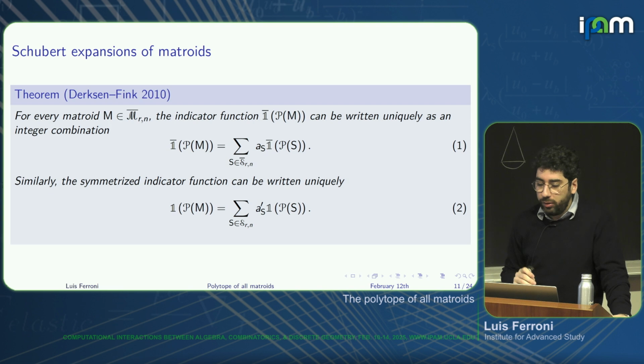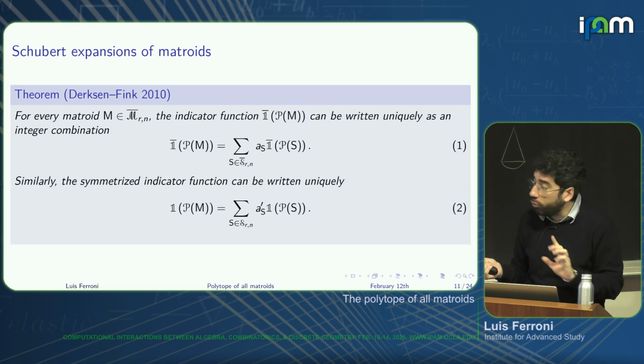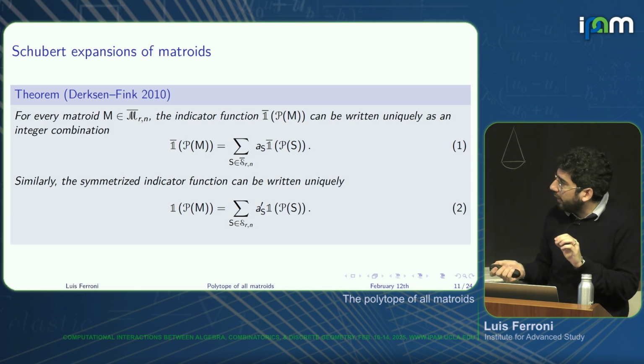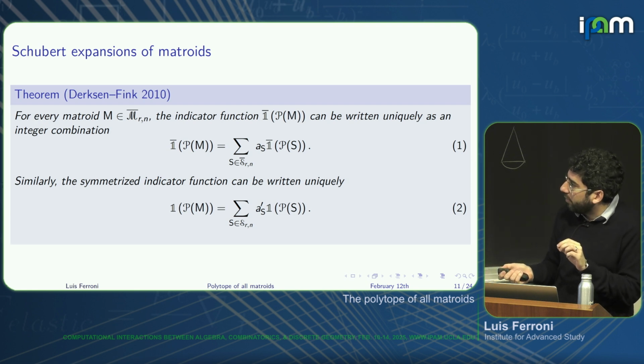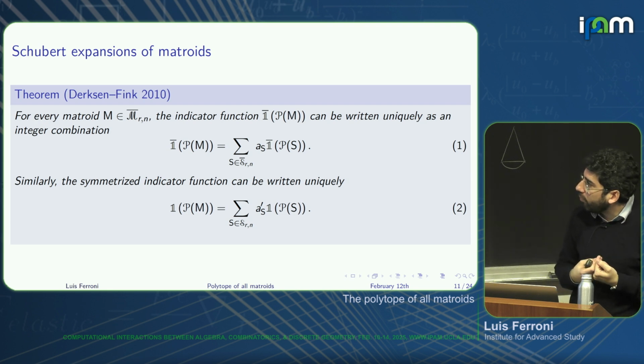If you give me any matroid, whatever matroid you like, and you consider this indicator function, then there is exactly one way of writing this indicator function as an integer combination of indicator functions of Schubert matroids. And of course, all these Schubert matroids have the same rank and cardinality as your original matroid.